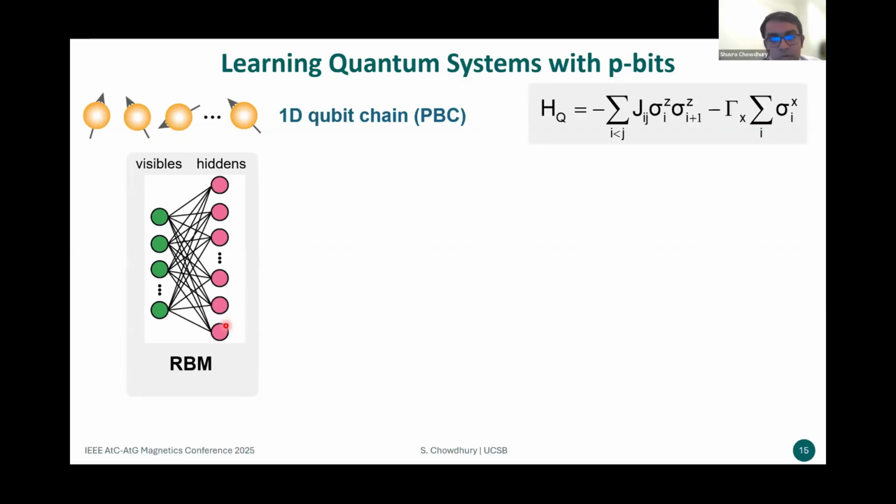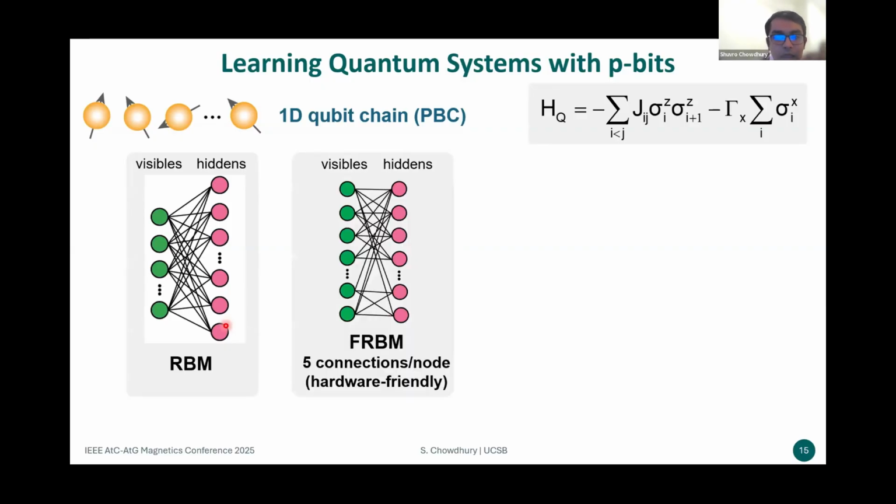Here we applied an even further restricted version of this, where in a traditional RBM one visible node is connected to all the nodes in the hidden layer. But in our case, we are applying a model with limited connectivity. So it's not connected to all of the hidden nodes. In this particular example, I am using 5 connections, so each visible node is connected to 5 hidden nodes, its neighbors.